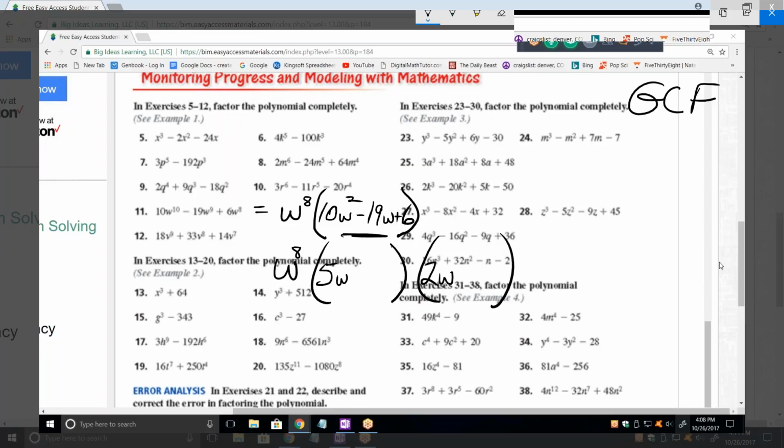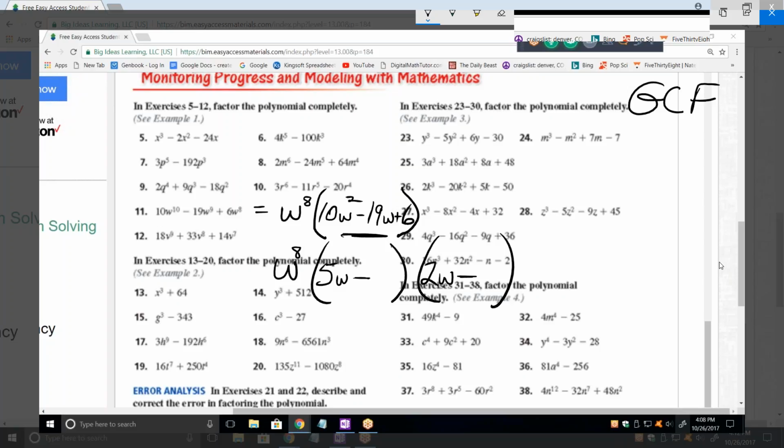No, you couldn't produce a plus 6 if they were opposite signs. Oh, so they were both negative. Exactly. They're both the same. You have to have the signs be the same to produce a plus sign. And if the middle term is negative, then they're both negative. If the middle term were positive, they would both be positive.